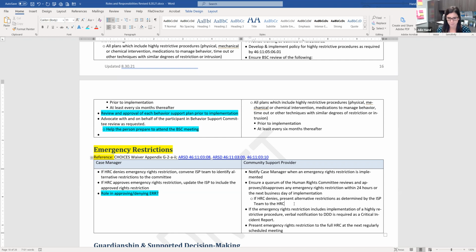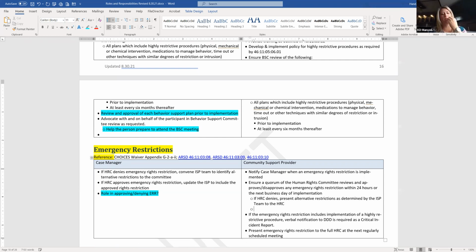Maybe if you just note something like personnel issues were identified or staff training was needed, the team doesn't need to convene, or something.